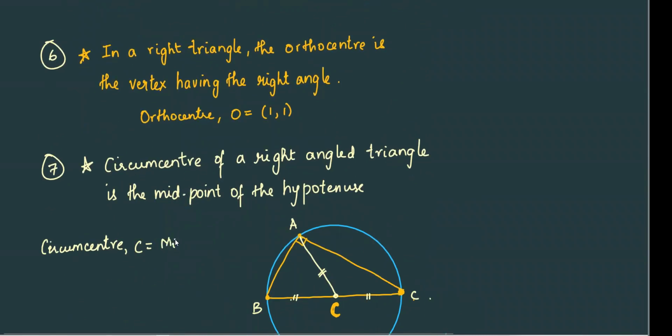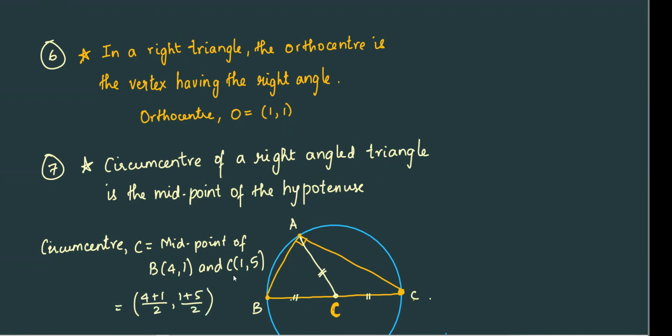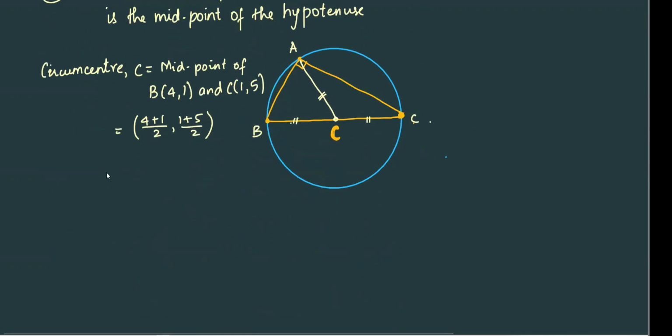Midpoint of B 4,1 and C 1,5. So this midpoint is (4 plus 1) upon 2 and (1 plus 5) upon 2. Midpoint of the hypotenuse.